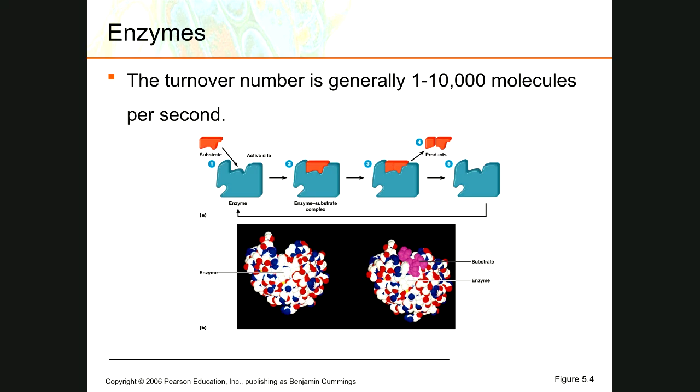So enzymes make reactions happen fast, maybe as many as 10,000 molecules per second. An enzyme like DNA polymerase, which makes DNA, is able to add those nucleotides. Remember the A, T, Gs, and Cs? The DNA polymerase can add nucleotides at a rate of approximately 1,000 per second.